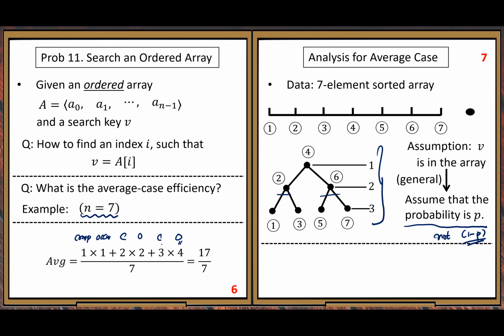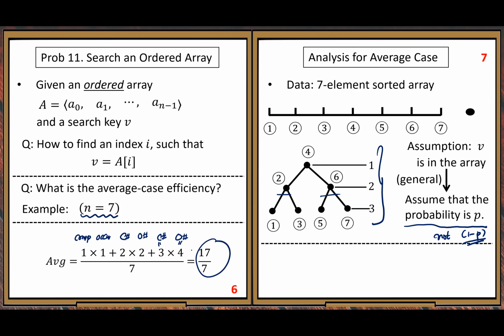In the numerator, we accumulate the total number of comparisons: 1 times 1 plus 2 times 2 plus 3 times 4, then divided by 7.